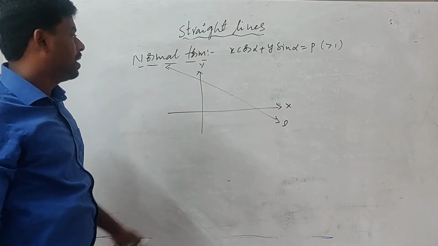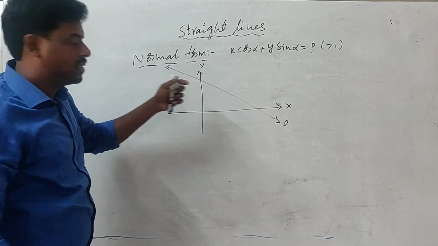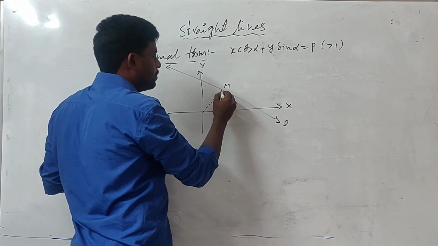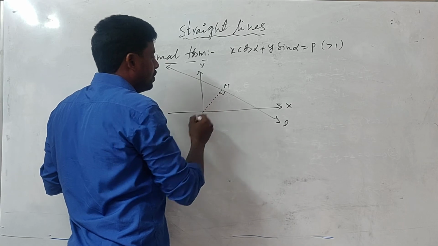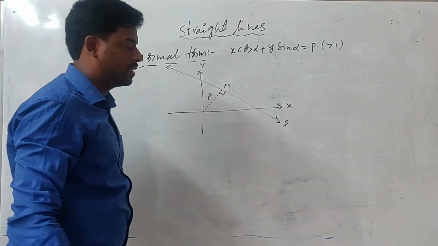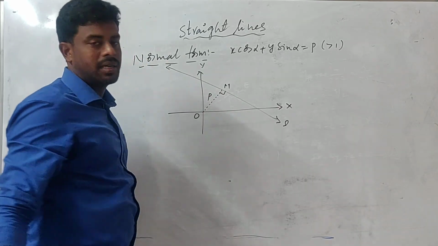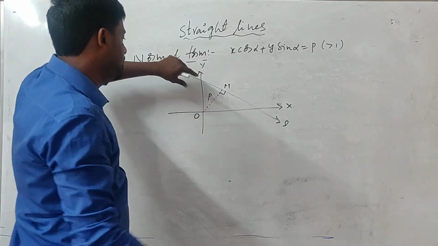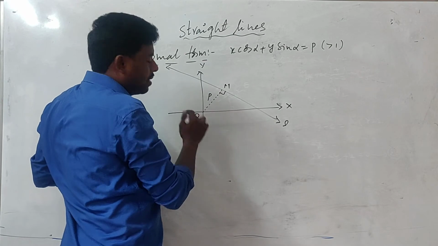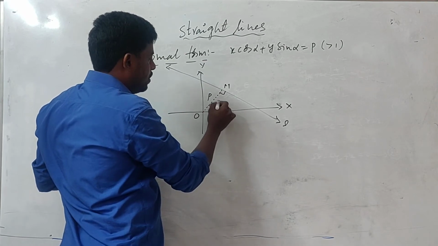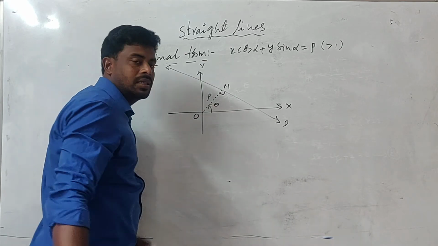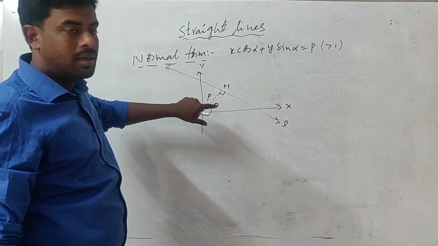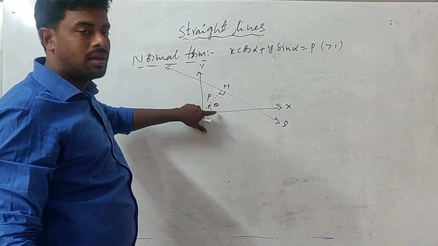It is the equation of a line which is p units distance from the origin, and whose perpendicular from the origin makes an angle alpha with the positive x-axis in the anticlockwise direction.